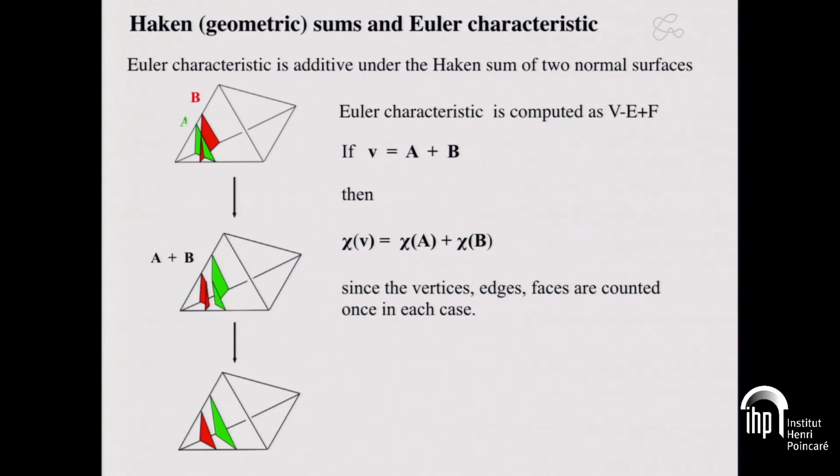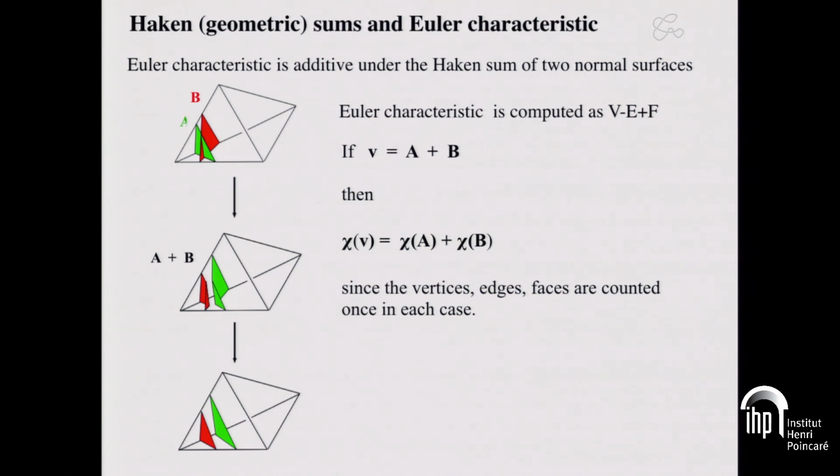Under this geometric or algebraic sum, which coincide, there's another series of nice coincidences. First of all, Euler characteristic works very nicely. If you take the sum of two surfaces, their Euler characteristics add. And that's very simple. It's because this operation just cuts and pastes, but doesn't change the number of vertices, edges, or triangles.